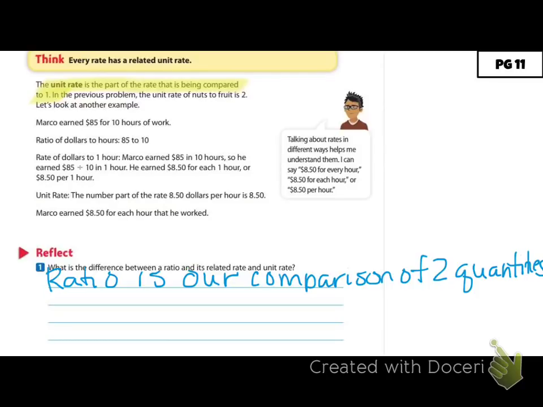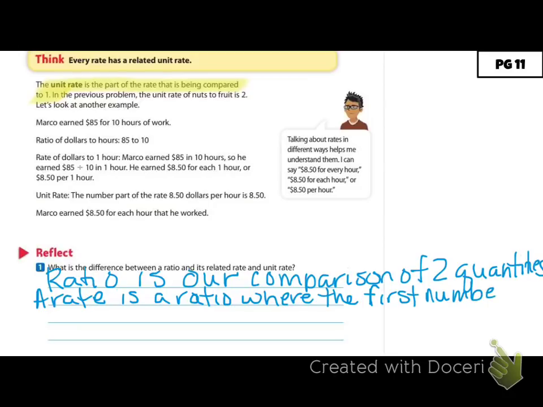A related rate, or a rate, is a ratio where the first number is compared to 1.